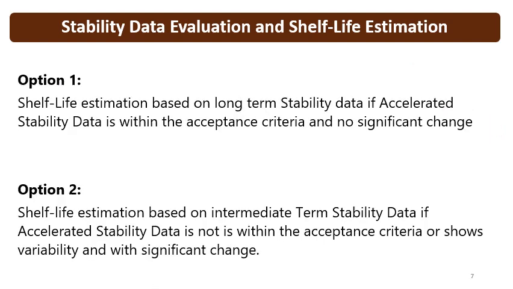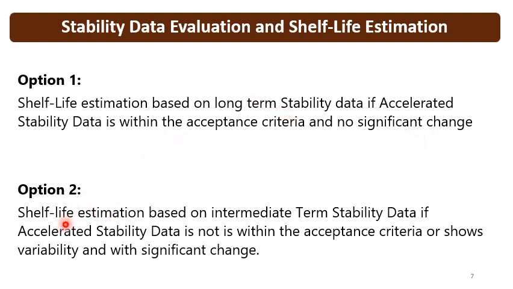Now if you have the data of stability study, in general I have divided these stability data evaluation and shelf life estimation by two options. So option 1 is shelf life estimation based on long term stability data, if the accelerated stability data is within the acceptance criteria and no significant change is there.